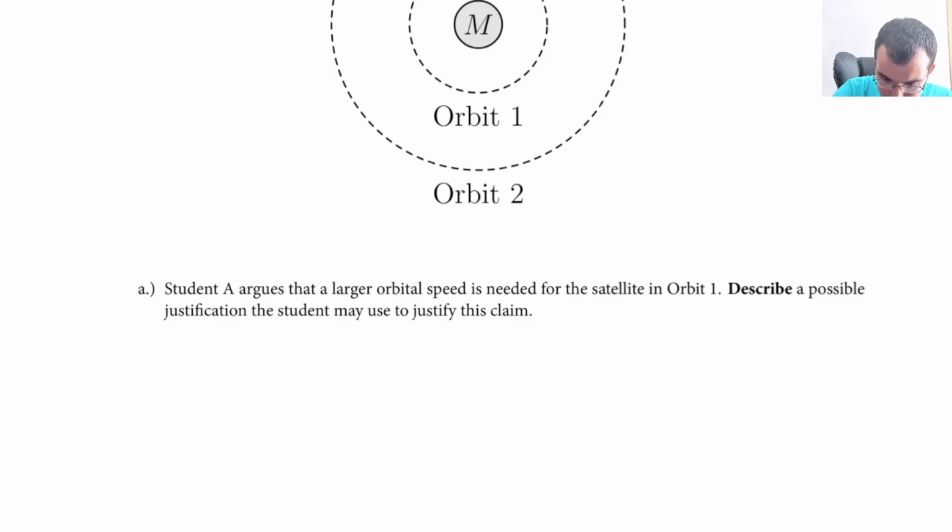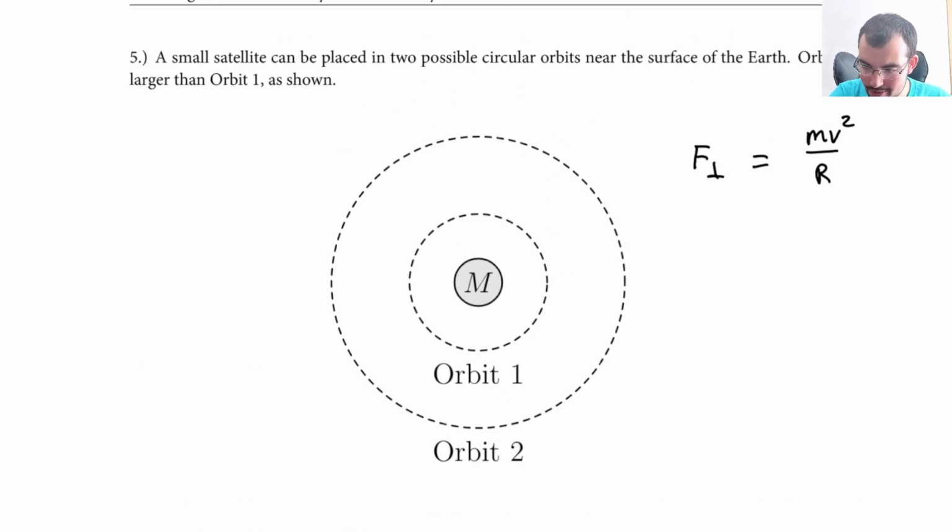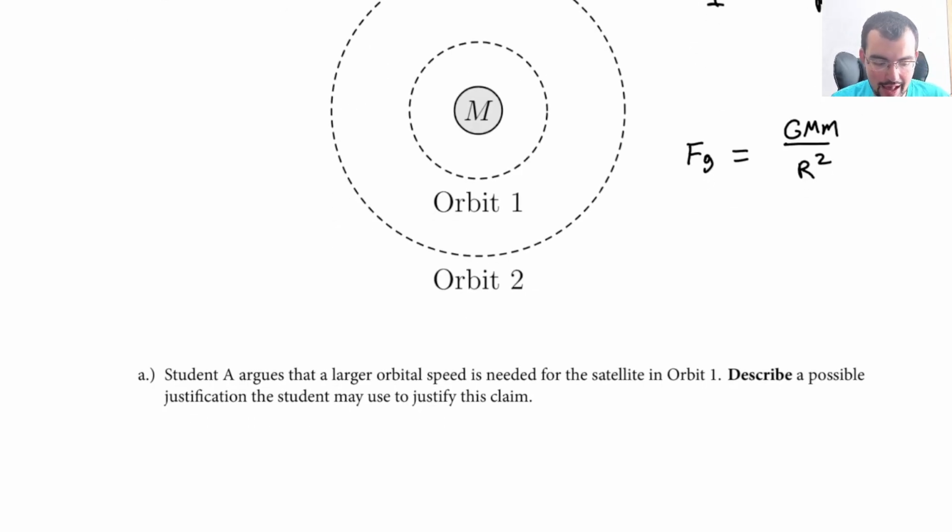Well, student A might look at the gravitational force, which is GMm over r squared. Student A would correctly notice that if you increase the radius of the orbit, you decrease the gravitational force.